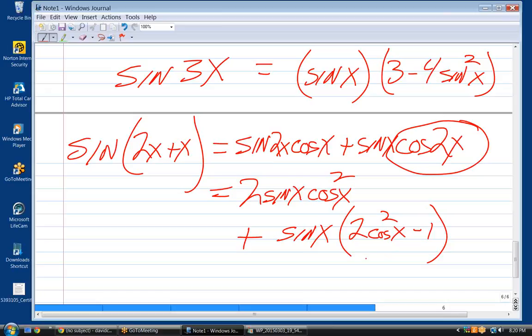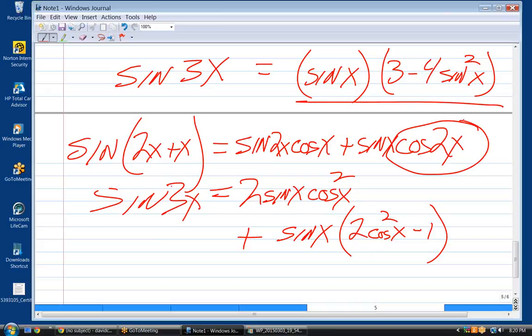Okay. So far we got sine of 3x equals everything on my right side, correct? Yep. Now all we got to do is turn that right side into this right side. Well, I can certainly see that I can factor out a sine x. So what does that give me?